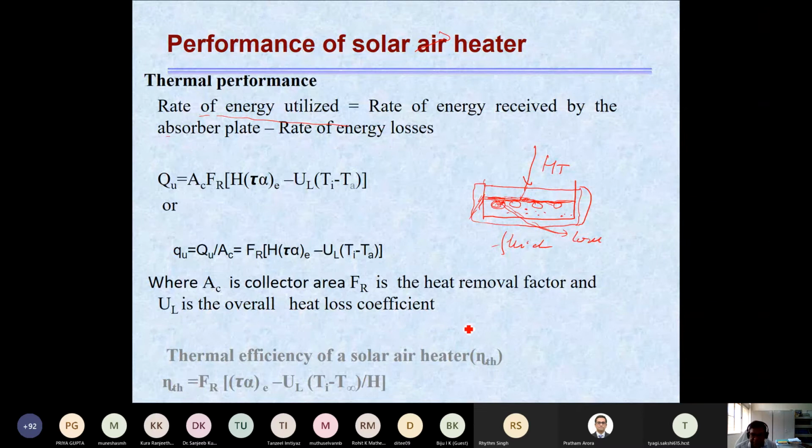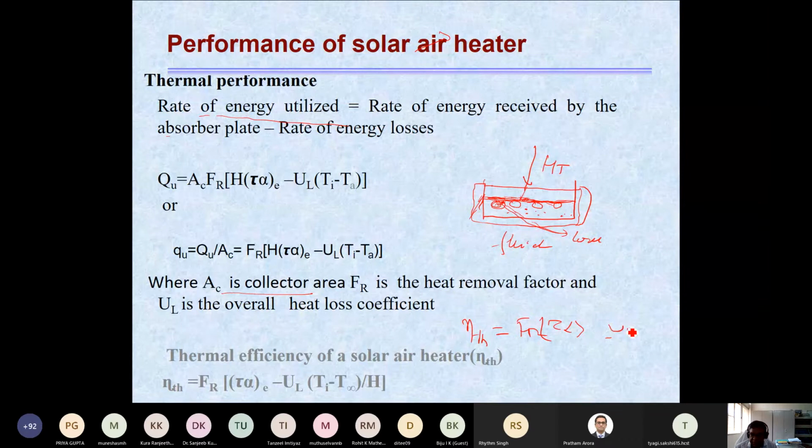That means the thermal efficiency of a flat plate solar collector will be FR tau alpha, minus FR UL (TI minus TA) by HT. This is written over here, you can see.